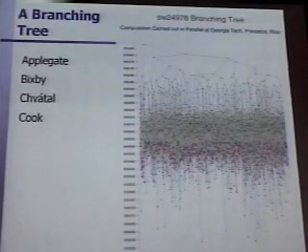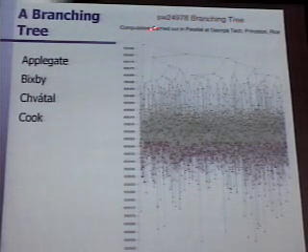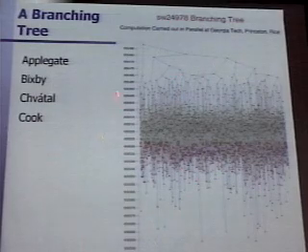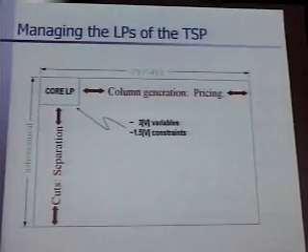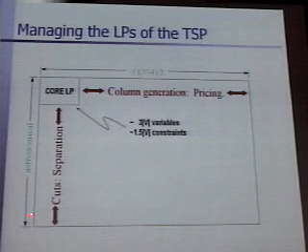And here is a real branch and bound tree for the largest problem solved to optimality, Sweden, 25,000 cities. That is a real picture computed by Applegate, Bixby, Chvátal, and Cook. And that is the secret of solving these types of problems in practice. We are talking about a linear program with 150 million columns and 2 to the 100,000 constraints.